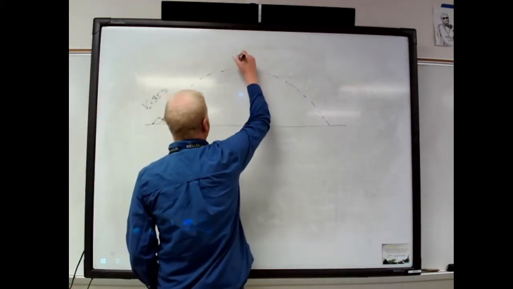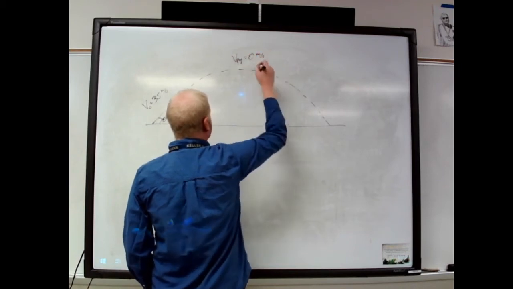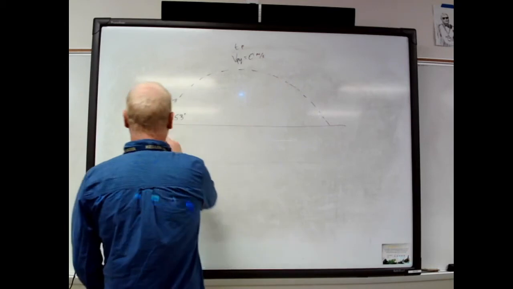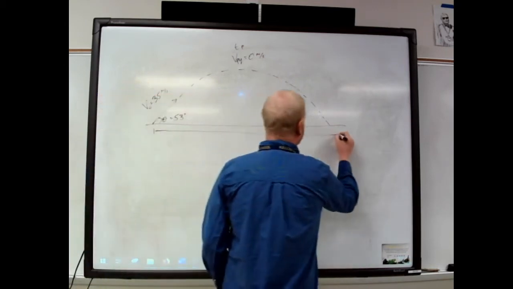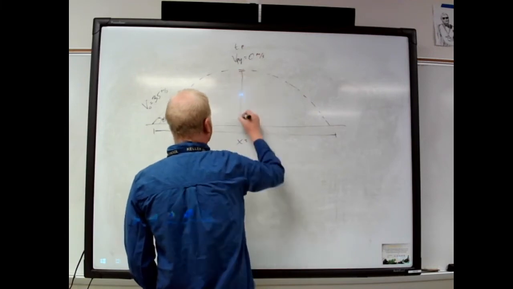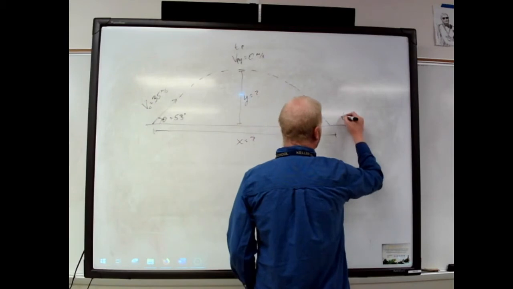Again, we know that the vertical velocity at the peak is 0. We want to know the range, x, the maximum height, this y, and the total time.